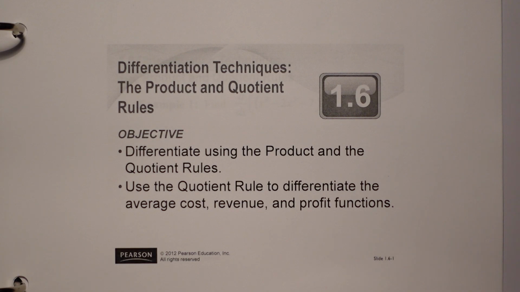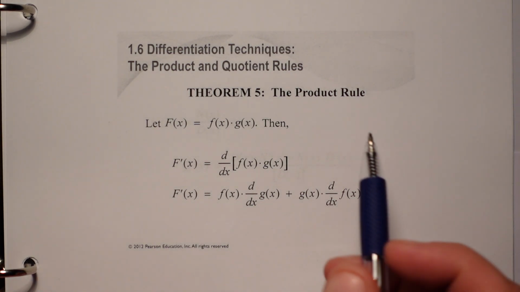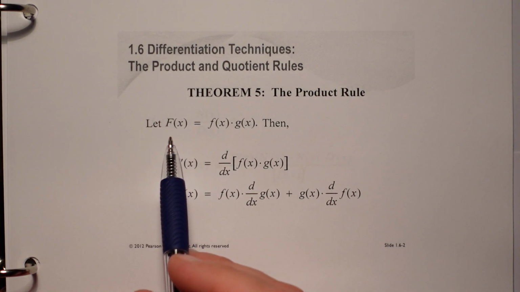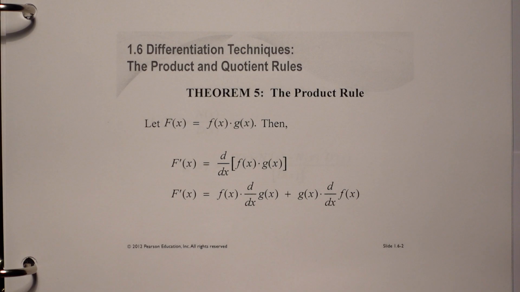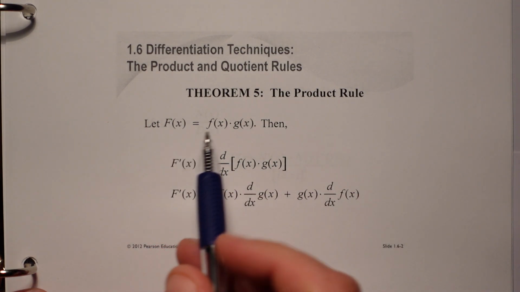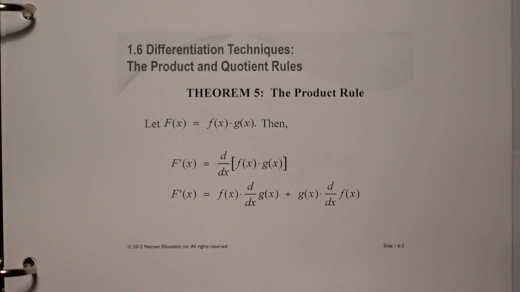But for right now, we're going to start at the bottom of page 1 with theorem 5, which tells us the product rule for derivatives. So we're going to start by letting capital F of x equal a product of two individual functions. So the overall function is f of x times another function called g of x.